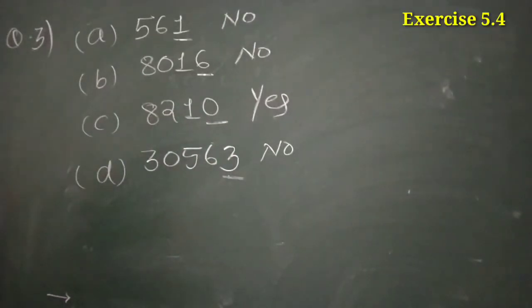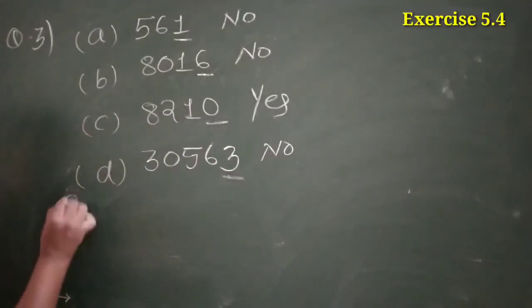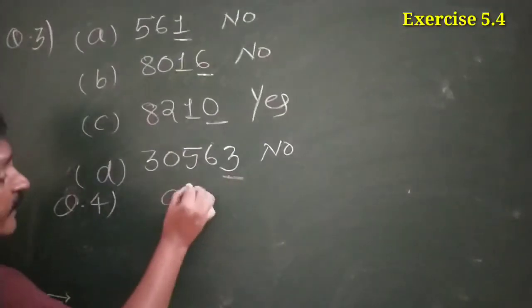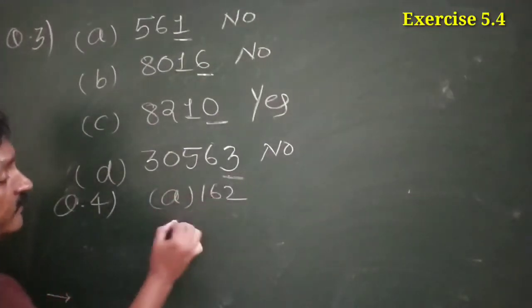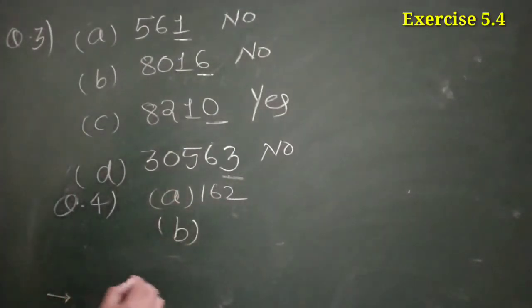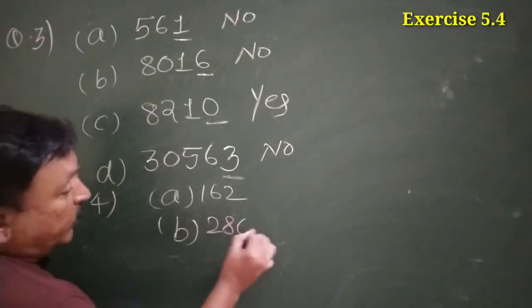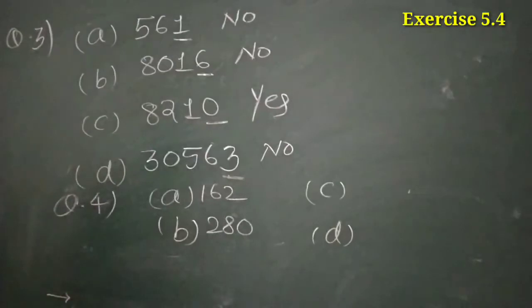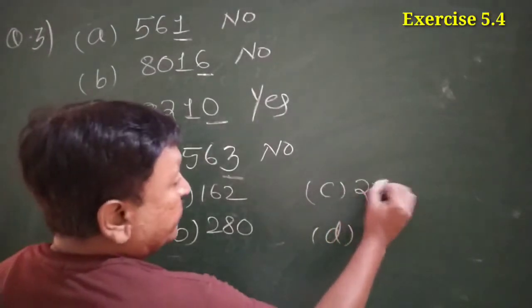And question number 4 is saying which of the following numbers are divisible by 10. I have told you the rule of divisibility of 10, that we have to check the unit place digit. If it is 0, then that number is divisible by 10, otherwise that number is not divisible by 10. So just see the options. 205, 510.